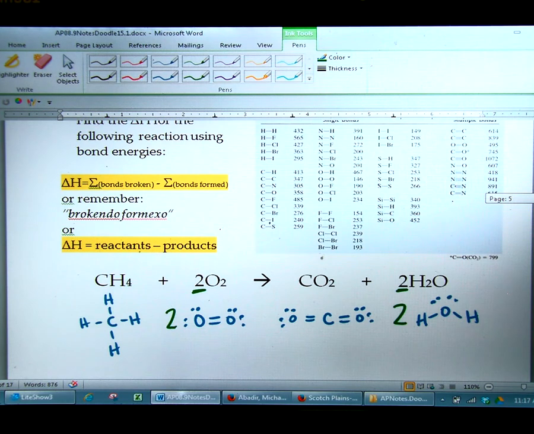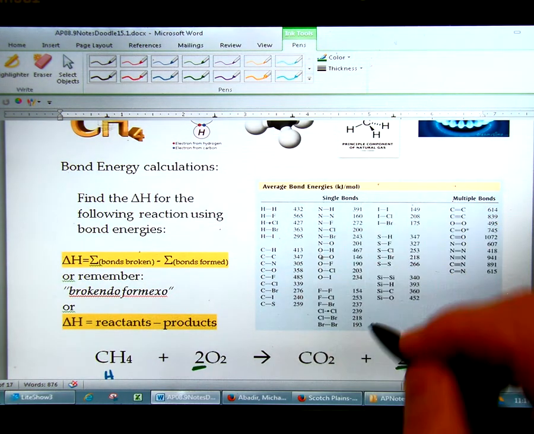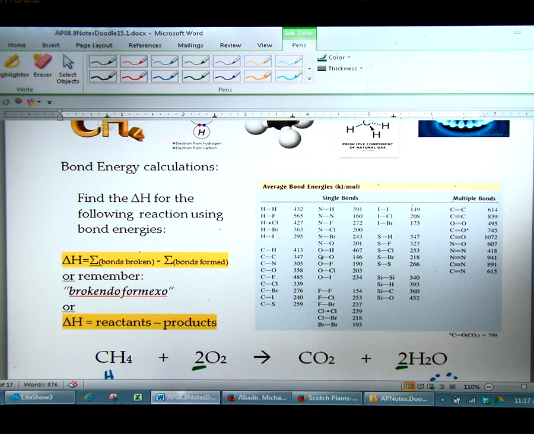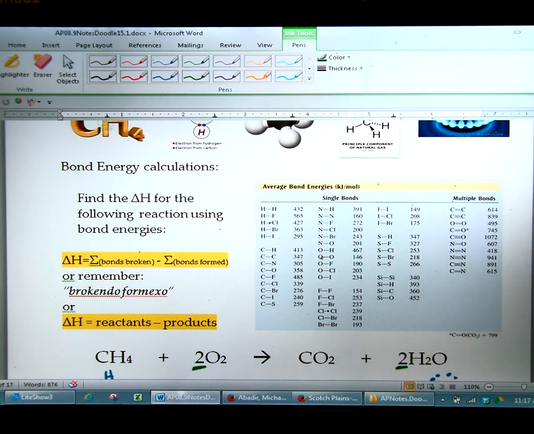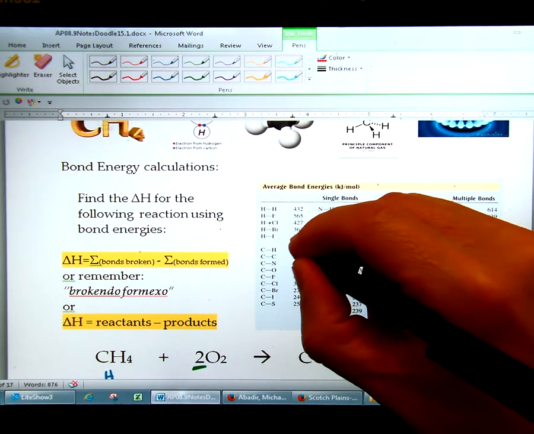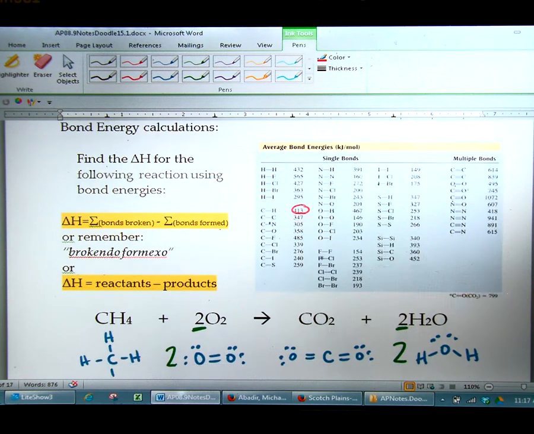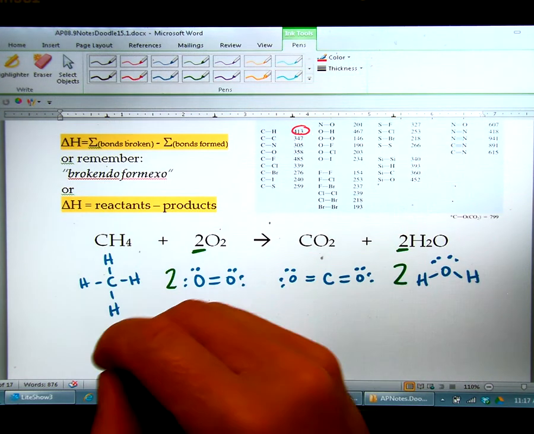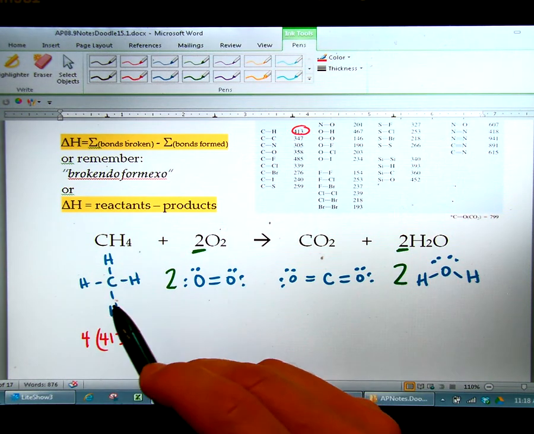So what we need to do is look up how much energy is stored in each of these bonds, and you have this chart, which of course we would give you if we were to give you this on a test or quiz. So we're first going to look up the CH bond. The CH bond is right here, and it's 413 kilojoules. So look in our structure, and we have 413, but that's for each of those bonds, and that's going to be times 4 because we have 4 of them, 1, 2, 3, 4.